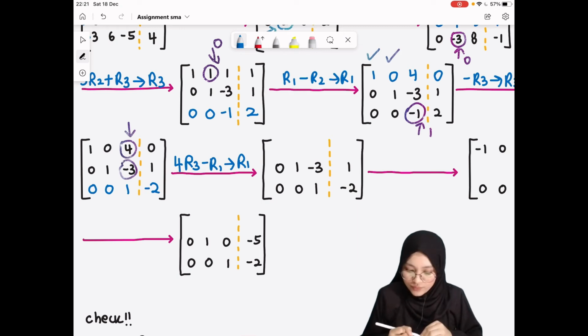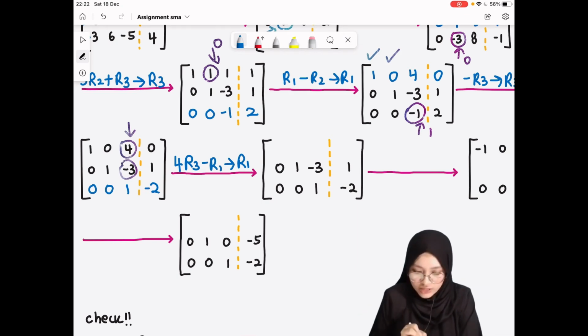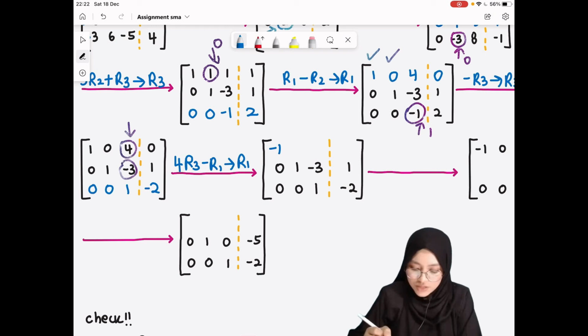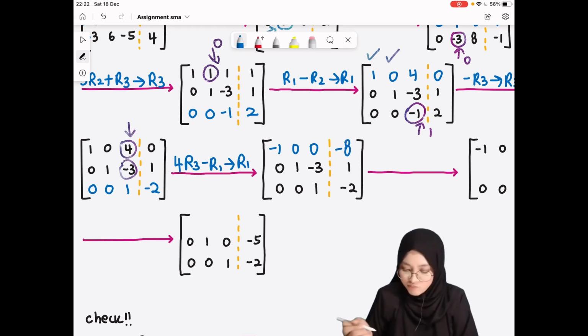So 4 times 0 is 0 minus 1, we will get -1 here, and then 4 times 0 minus 0, we will get 0, and then 4 times 1 minus 4, we will get 0, and then 4 times -2 minus 0, we will get -8.